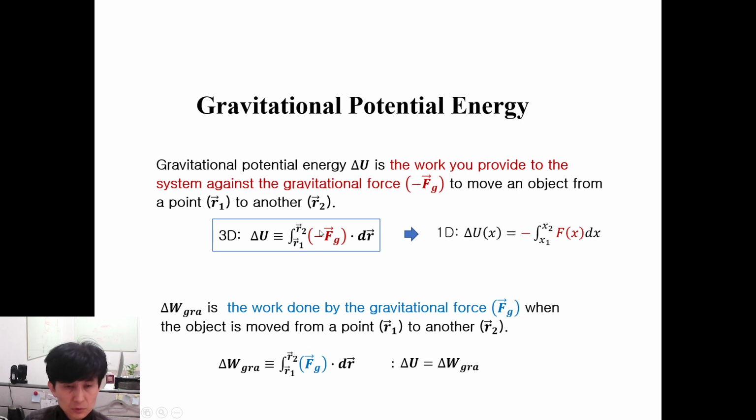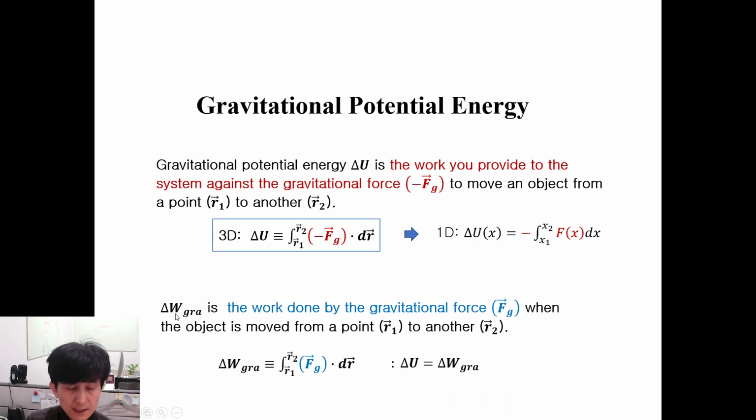So if you consider the one-dimensional case, delta U is defined as minus, from one point to the other, the integral of F with respect to distance. And F is a function of distance, you should integrate it.